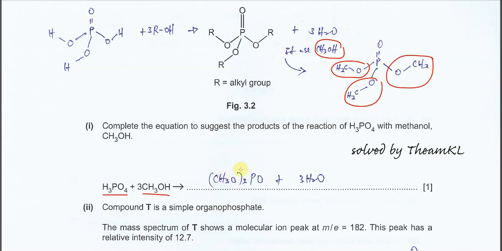Therefore, the formula you give is (CH3O)3PO, plus 3H2O. Because 3 of the hydrogens here are substituted, and 3 OH are used to form this 3H2O.